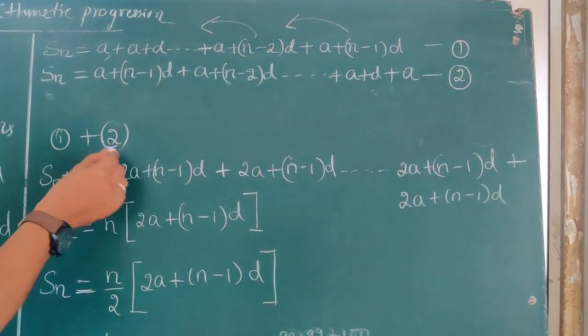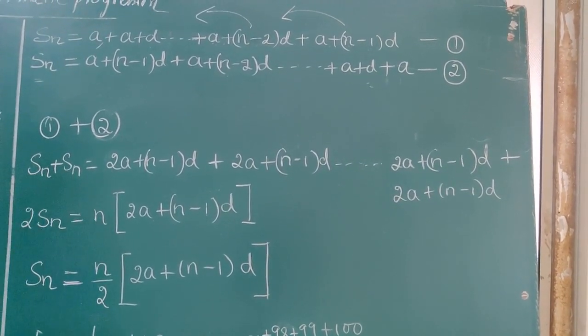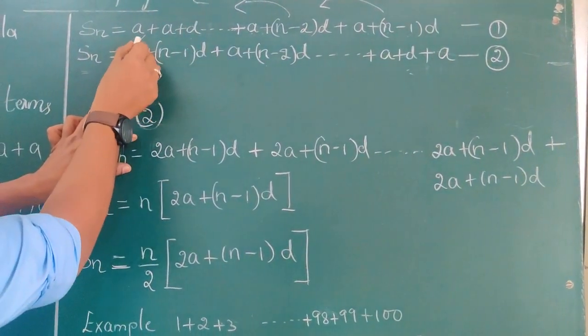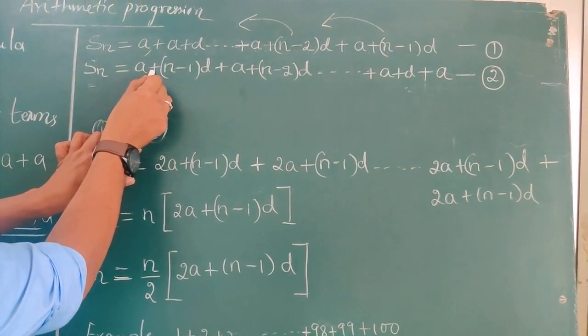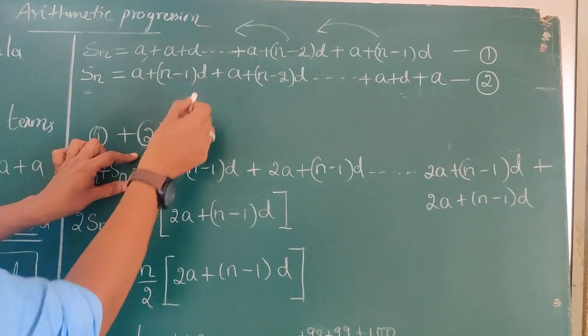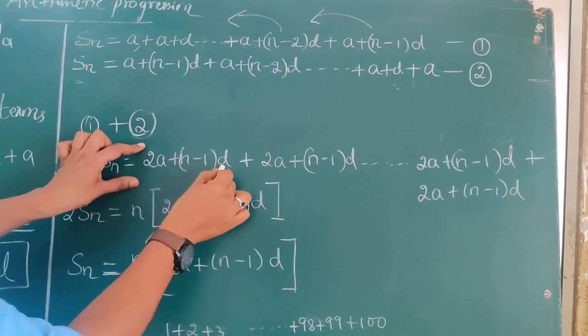If you add 1 and 2, Sn plus Sn is equals to, now you can see that a plus a plus n minus 1 into d, and you will get 2a plus n minus 1 into d.